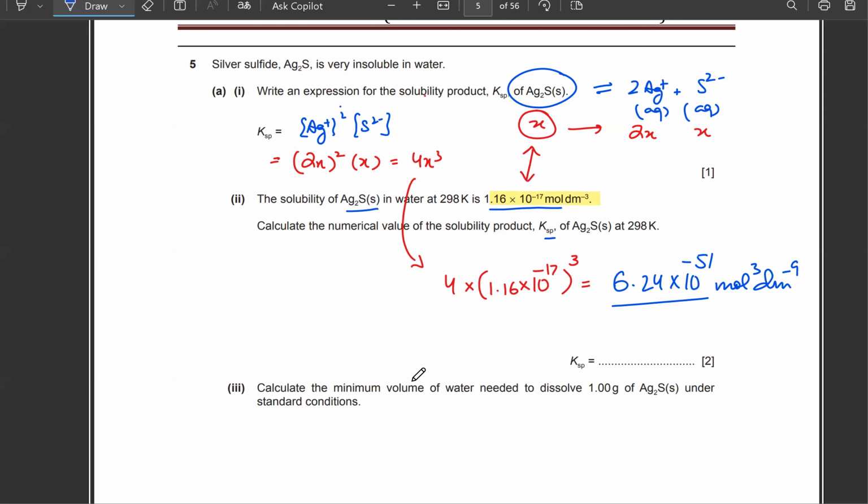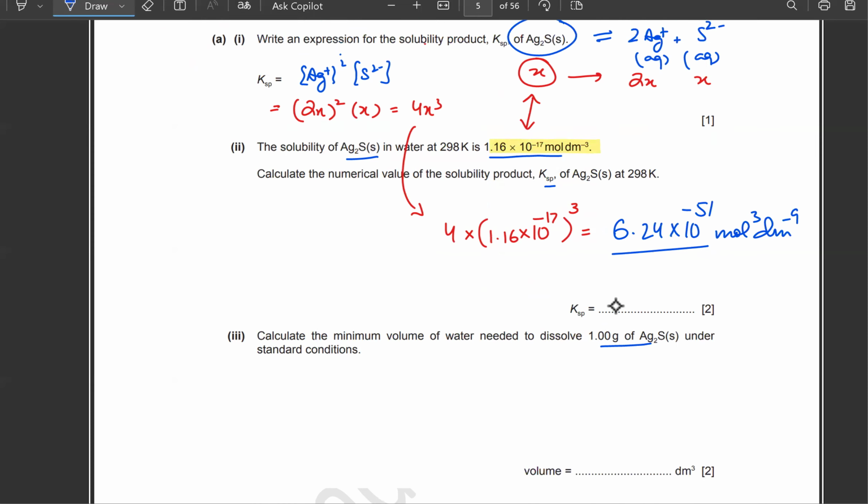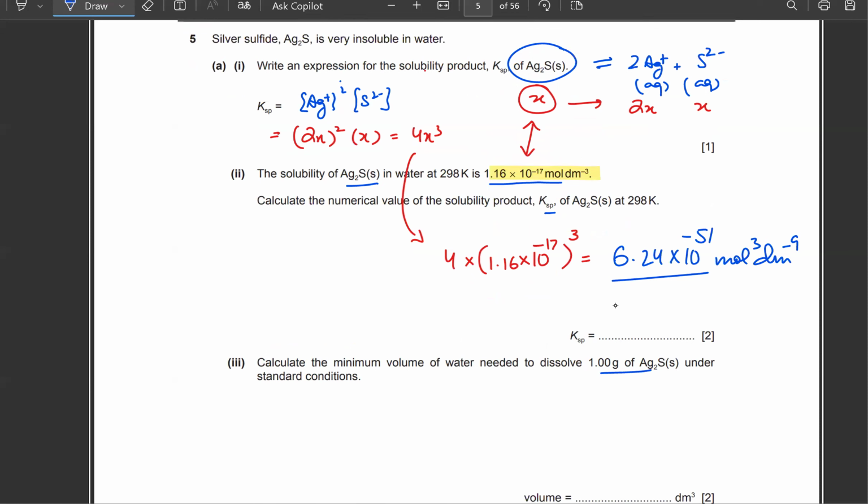Now, the next part is to calculate the minimum volume of water needed to dissolve 1 gram of silver sulfide. This is the amount that I need to dissolve. First, what is the solubility? He's given us the solubility.